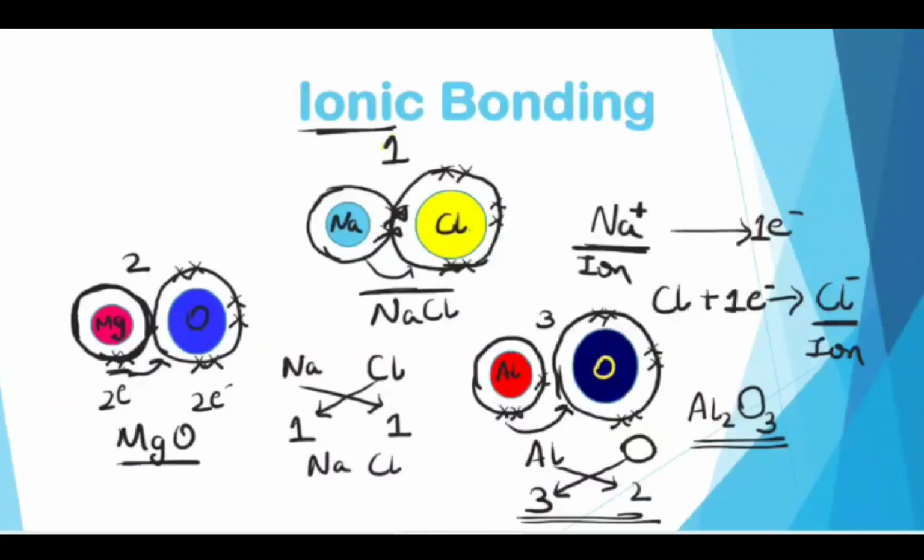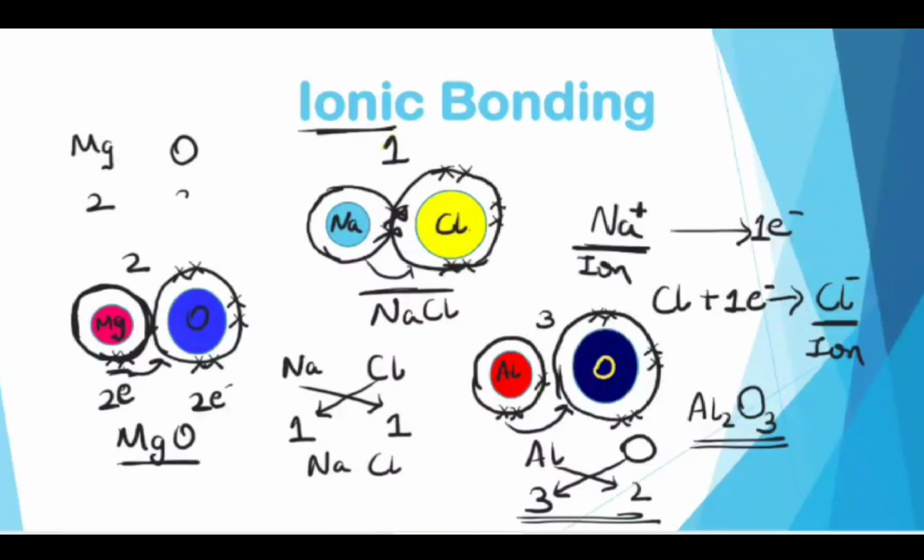Let's move to the next one, which is magnesium oxide. Now, magnesium is willing to give away 2 electrons. Oxygen is willing to accept 2 electrons. Magnesium is ready to give away 2, so valency 2.